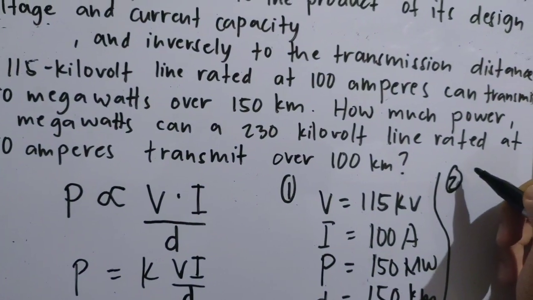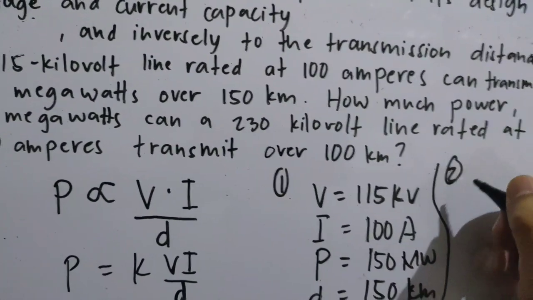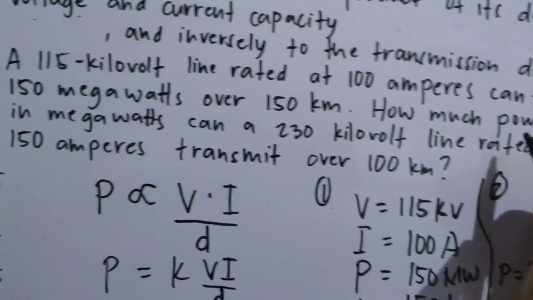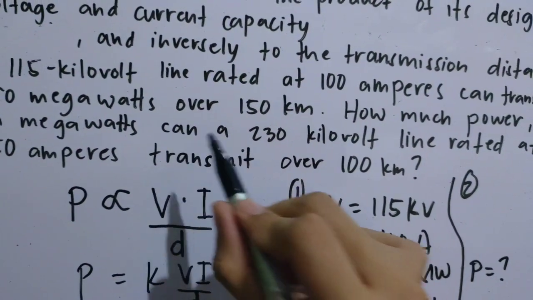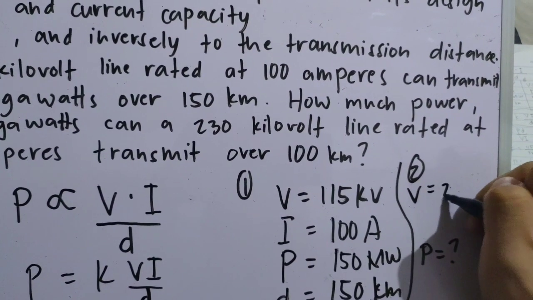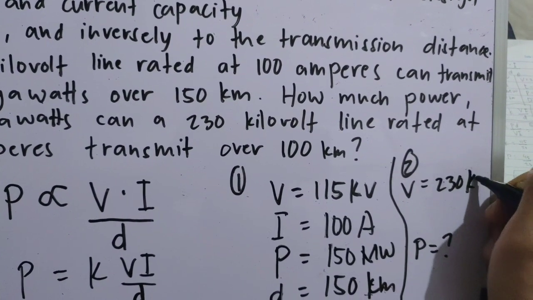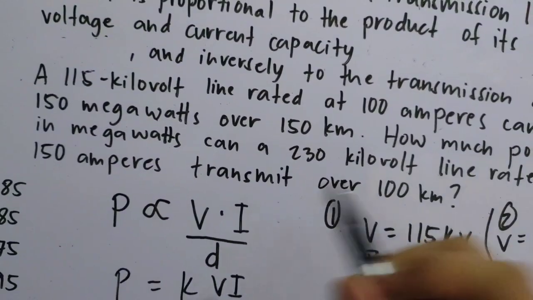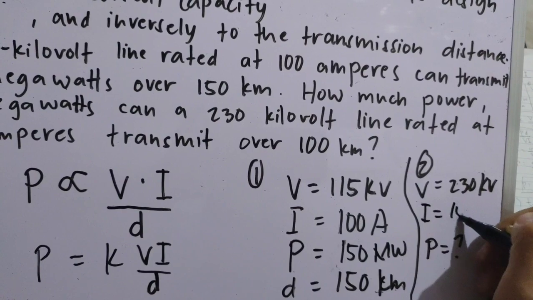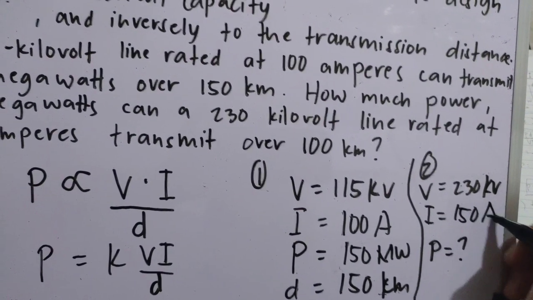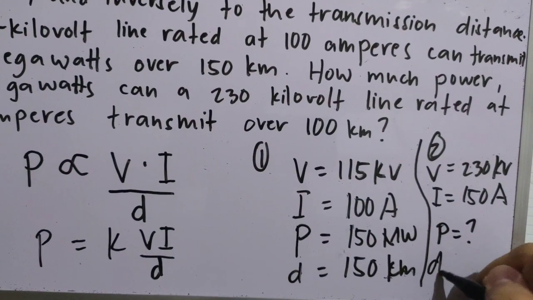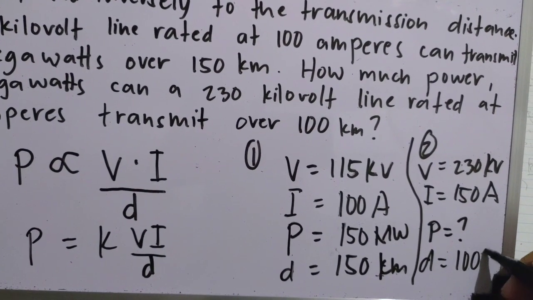Then the second condition: how much power? So we are looking for the power. How much power in megawatts can a 230 kilovolt line, so the voltage is equal to 230 kilovolts, rated at 150 amperes, so the current is 150 amperes, transmit over 100 kilometers, so the distance is equal to 100 kilometers.